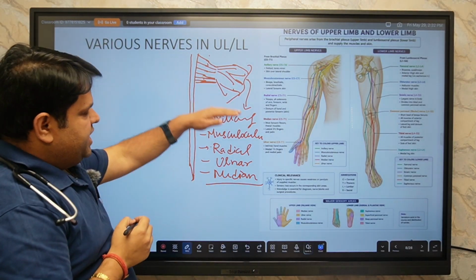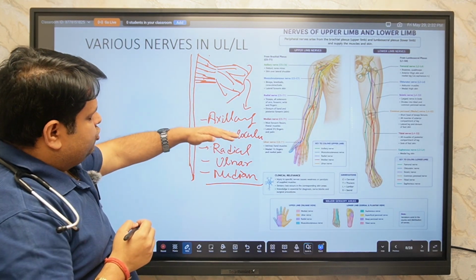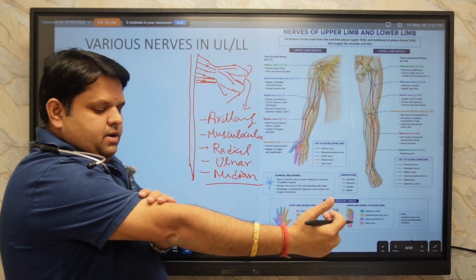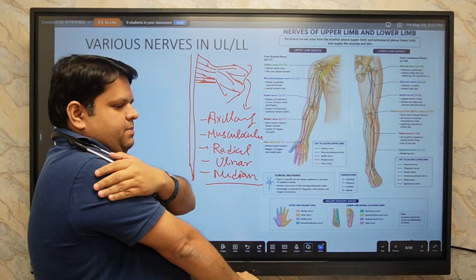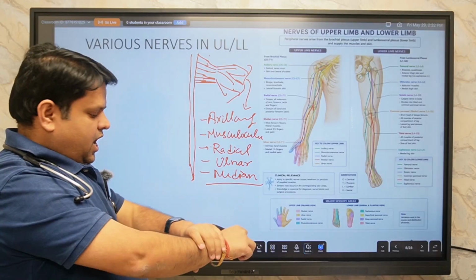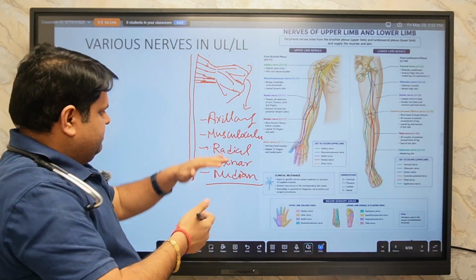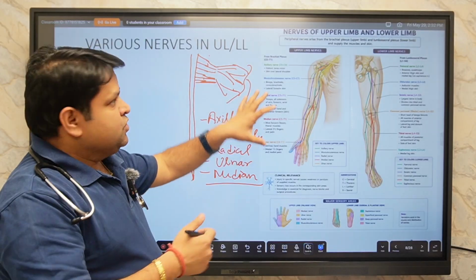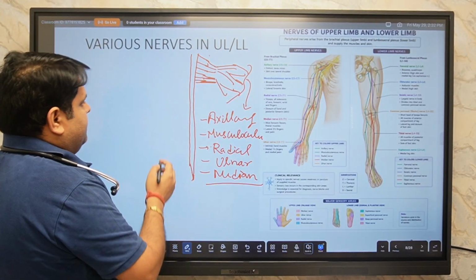So these are the main nerves in the upper limb: axillary, musculocutaneous, radial, ulnar and the median. Musculocutaneous supplies the anterior compartment of the arm, mainly the biceps muscle. The lateral compartment, deltoid, is supplied by the axillary nerve. The distal arm and the hand are supplied by the radial, ulnar and the median. So these are the main nerves in the area of the upper limb.